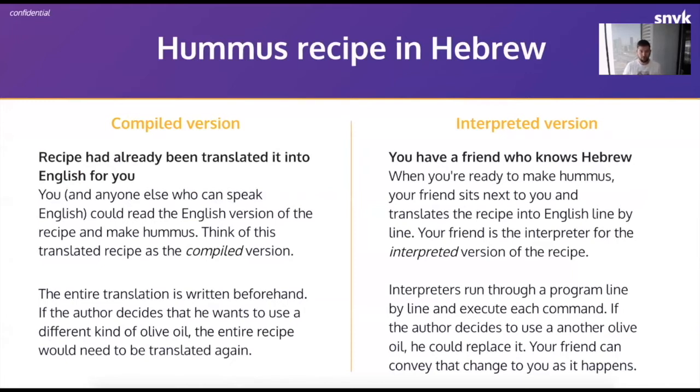The first one is that you have this recipe translated for you into English. So you and anyone else who speaks English could read the English version of the recipe and make it. Think about this translated recipe as a compiled version of the recipe. The entire translation is written beforehand for you. If the author decides to swap the olive oil for another olive oil, the entire recipe needs to be retranslated.